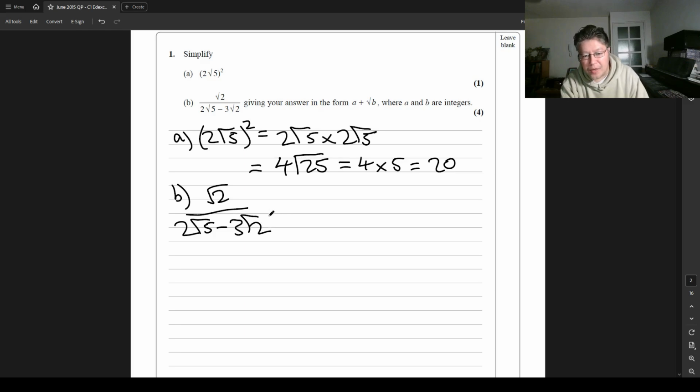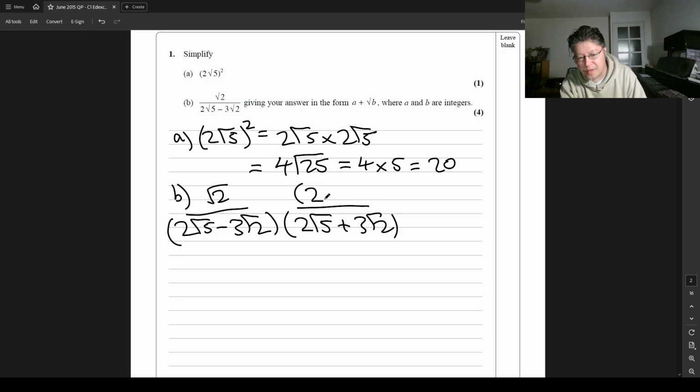What we do here is multiply top and bottom by 2 root 5 plus 3 root 2. So this is rationalizing the denominator. And then we can work this out.